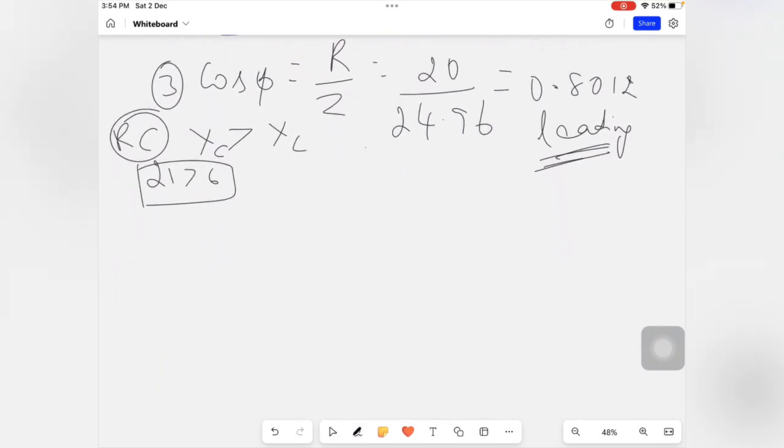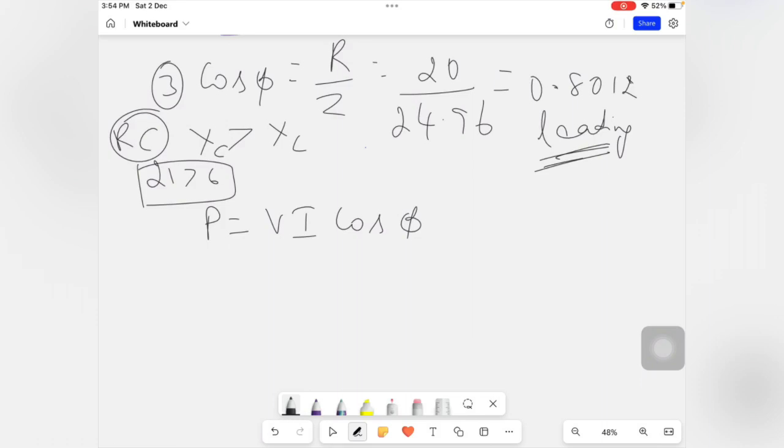Next, we have to calculate the power, and also the drop across the individual elements. Now I will go with the power equation. Power is V into I into cos phi. You know all the values now.